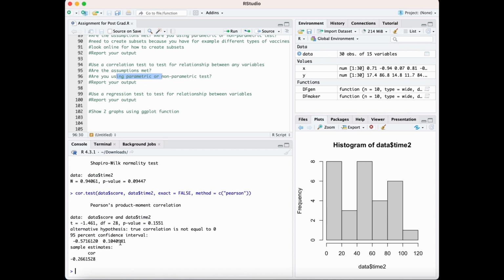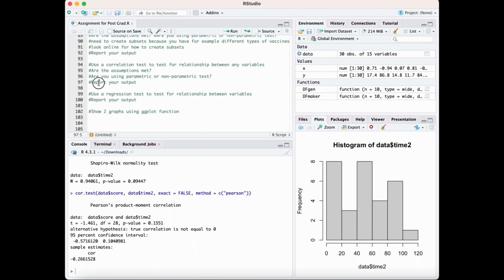Right? So the p-value is 0.1551. So this means that it is not statistically significant. Therefore, there is no relation between these two data.